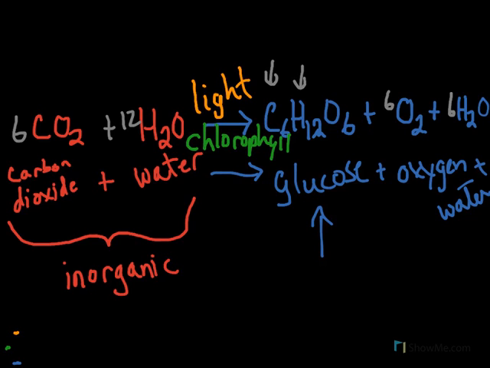So the significance of this is photosynthesis will take two inorganic molecules, carbon dioxide and water, and combine them together to make our organic glucose, organic food. With sunlight actually being the source of most of the energy that is required to do this reaction of taking these two inorganic molecules and combining them to organic.